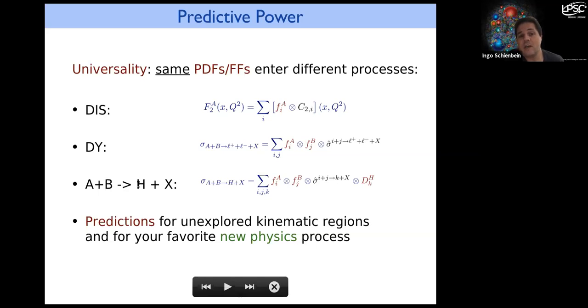Inclusive hadron production has another expression, where in addition you need a fragmentation function of the outgoing parton into the observed hadron, and so on. And if you combine all these observables in a global analysis, you can hope to disentangle the different parton flavors and then make predictions for your favorite new physics process.